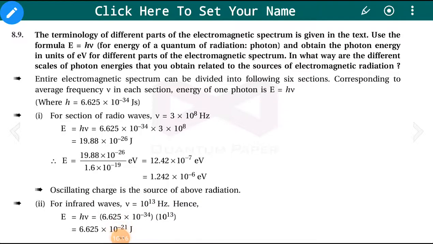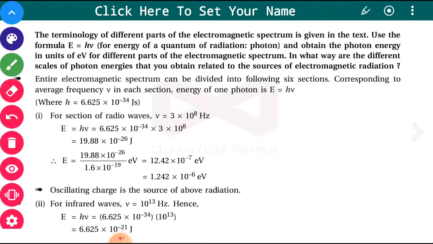Now we have the 8.9th numerical. The terminology of different parts of the electromagnetic spectrum is given in the text. Use the formula E is equal to h nu for the energy of a quantum of radiation, a photon, and obtain the photon energy in units of electron volt for different parts of the electromagnetic spectrum.